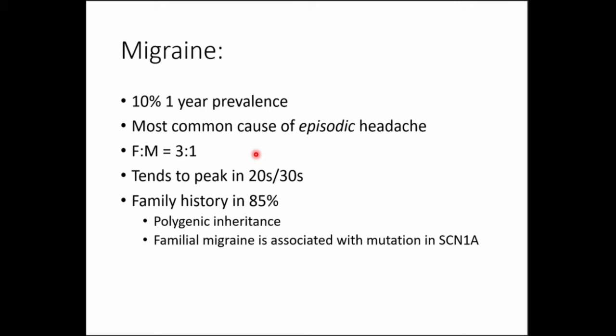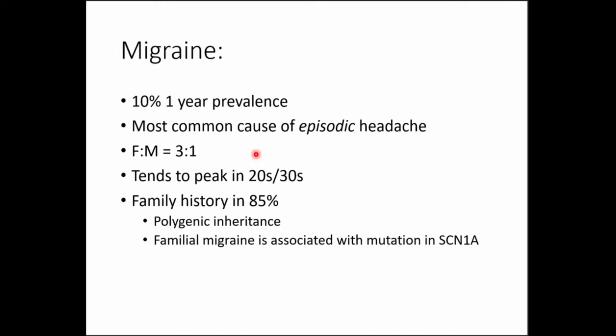There tends to be a strong family history with headaches. The majority of migraines are thought to be inherited polygenetically, so they occur because of the inheritance of a wide range of genes.